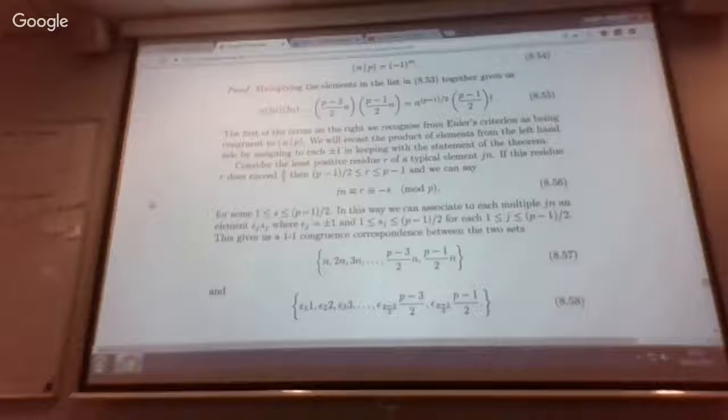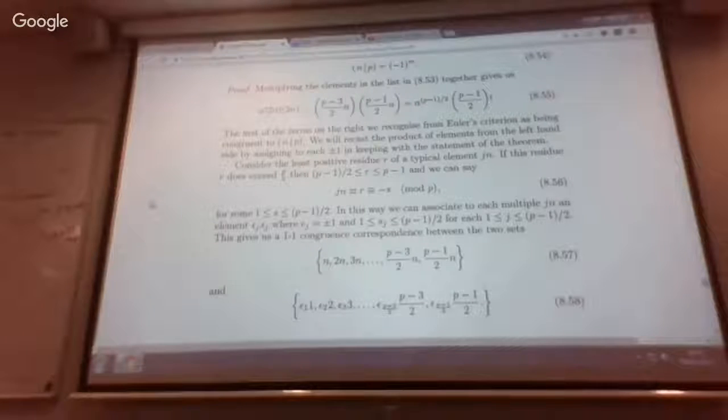If the residue r lands in here, so we take a j from 1 to (p minus 1) over 2, you look at the multiple j times n. This is congruent to r modulo p. And r might live in here, or it might live in here. Okay, we don't know. If the r lives in here, that means it's congruent to the negative of one of the ones from down here.